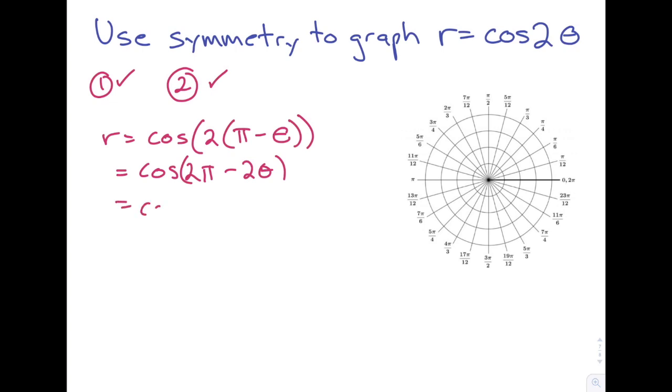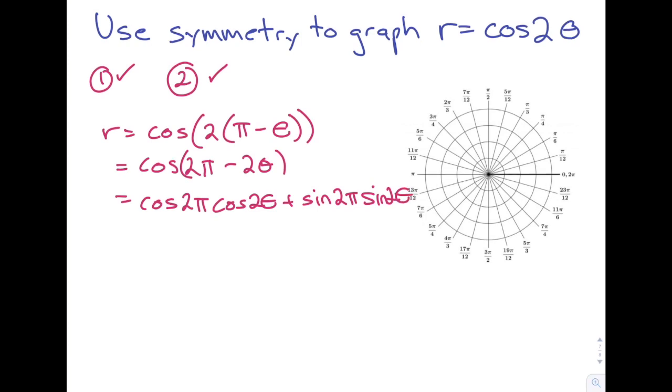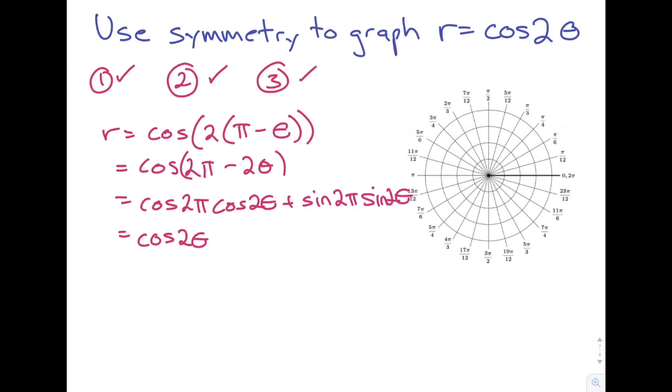We expand that so we get cosine 2 pi cosine 2 theta plus sine 2 pi sine 2 theta. Again, the last term goes to 0, so we just have cosine of 2 theta. So interestingly, r equals cosine 2 theta has symmetry about the polar axis, about the origin, and about the line theta equals pi over 2.